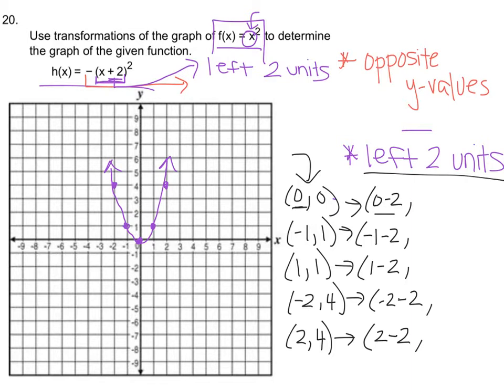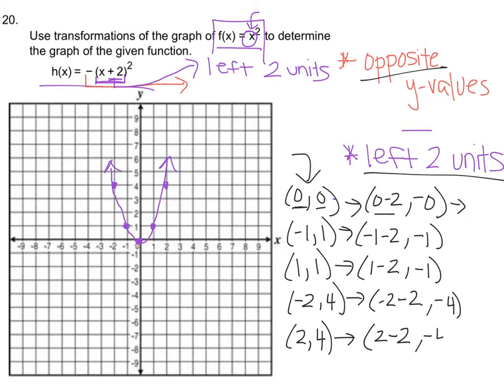Now I'm going to find my new y values, and I'm going to take the opposite of the y values. So I'm going to take the negative of the original y values: a negative 0, which would just be 0, and then a negative 1, another negative 1, a negative 4, and another negative 4.